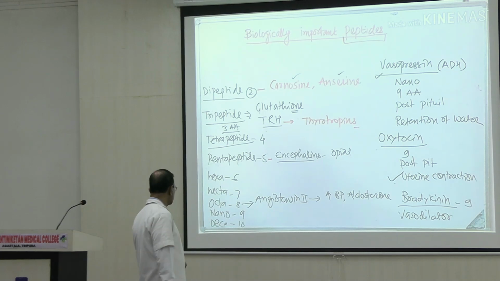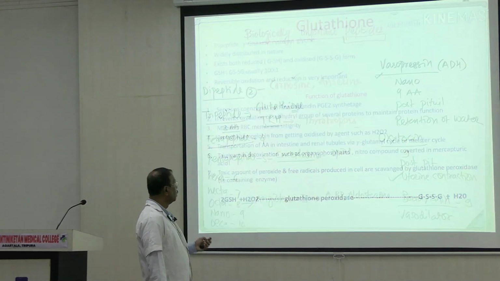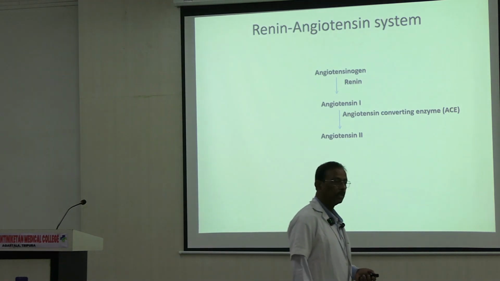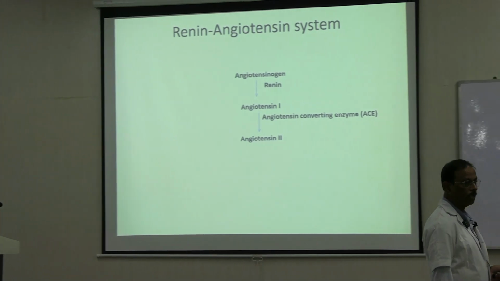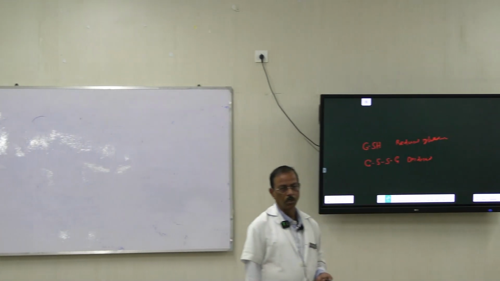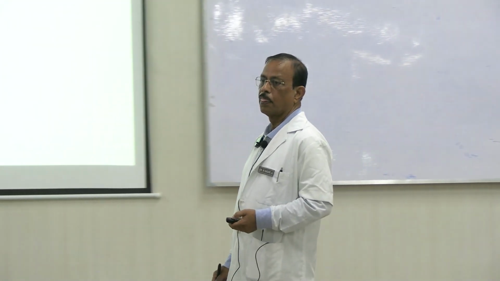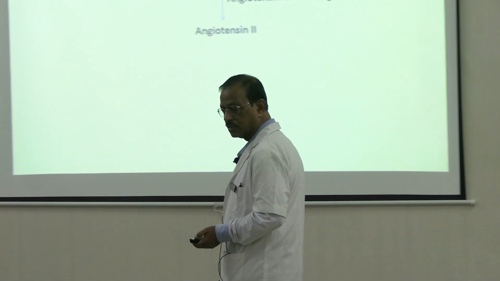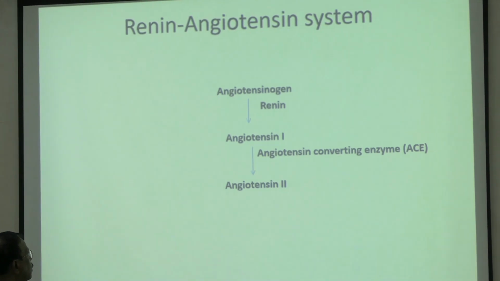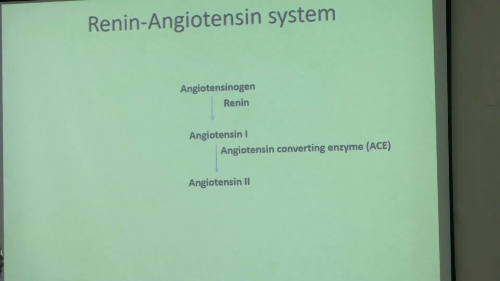Now, an important peptide, the octapeptide angiotensin 2. When there is a volume depletion in the body, in the extracellular fluid or the intravascular fluid, the juxtaglomerular apparatus of the nephron gets activated or sensitized and releases renin. Now this renin converts angiotensinogen into angiotensin 1.